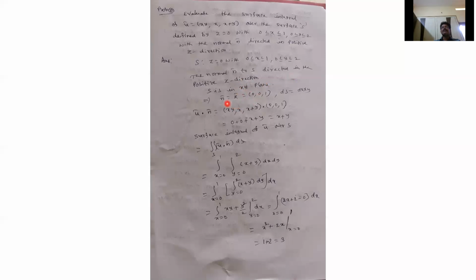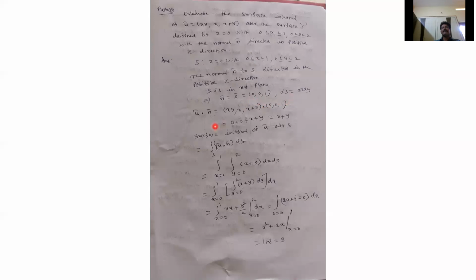This can be written as 0 i plus 0 j plus 1 k, that is k bar equals (0, 0, 1). So now ds equals dx dy by mod of n dot k, that is 1. That's why in the xy plane we write ds equal to dx dy.